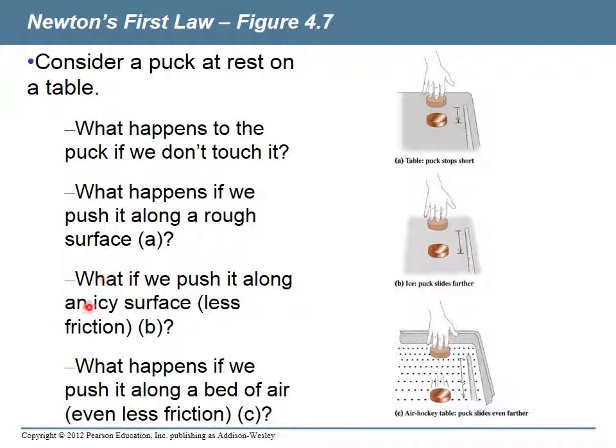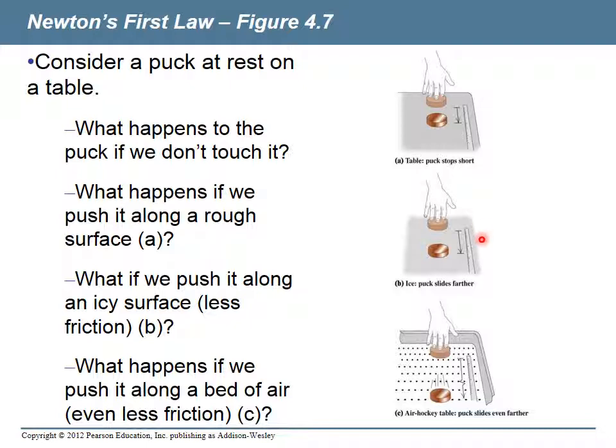If we were to push it along an icy surface, so we have less friction, the smoother the surface, the less the friction, and we'll get into coefficients of friction a little bit later in chapter 5, then in B, we push it along an icy surface, and it's going to move further, right? This is because we have a smoother surface, so we have less frictional force acting against it. The reason it slowed down so quickly here is because we had a frictional force acting against the motion, so it opposed the motion and it slowed down and came to a stop.